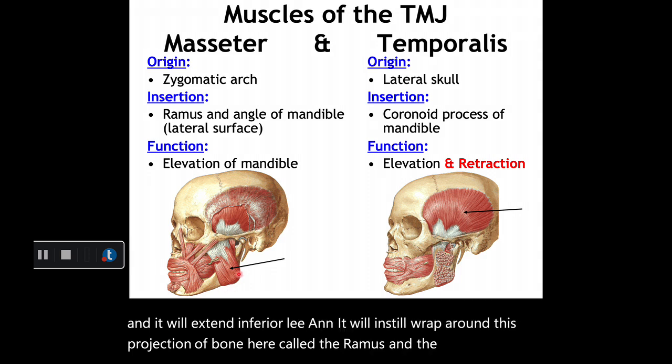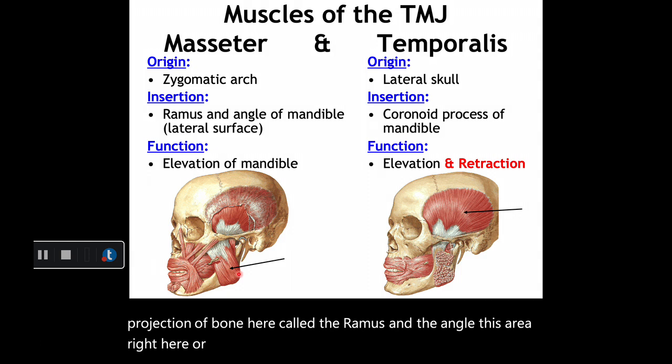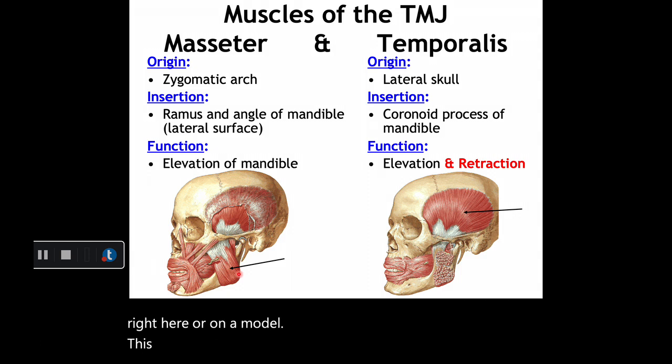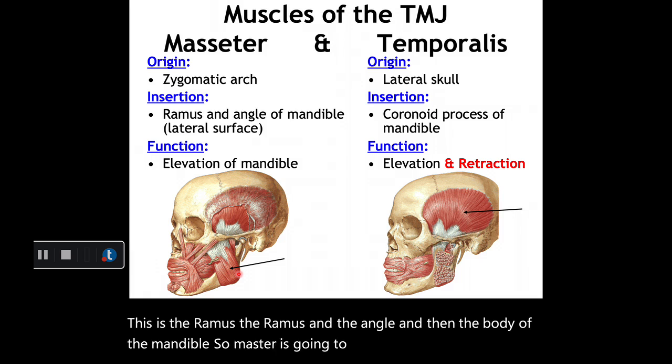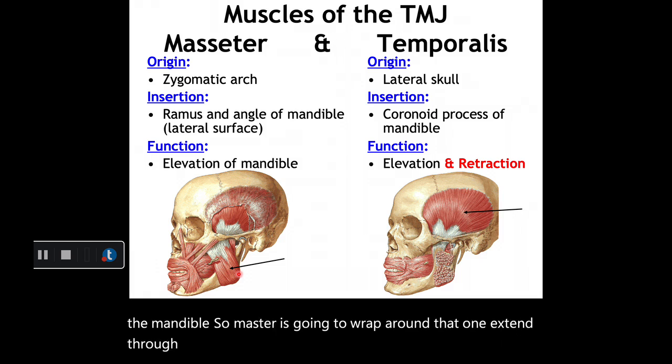This area right here, or on a model, this is the ramus, and the angle, and then the body of the mandible. So masseter is going to wrap around, extend through this ramus, wrap around the angle of the mandible.